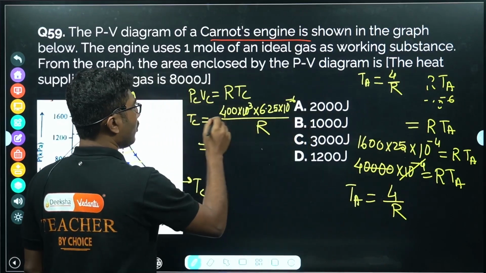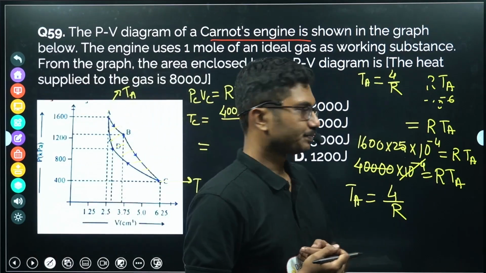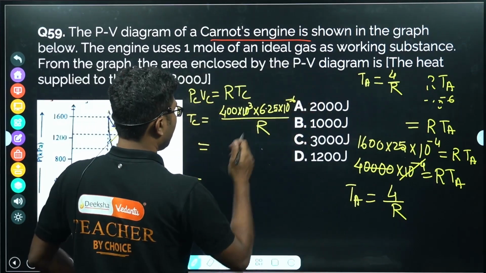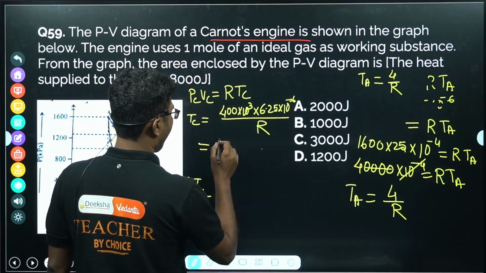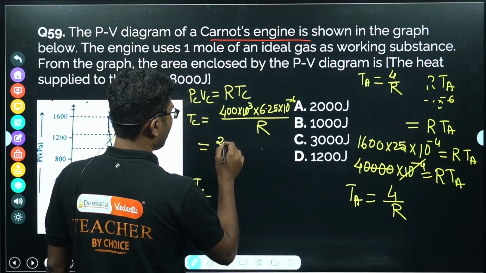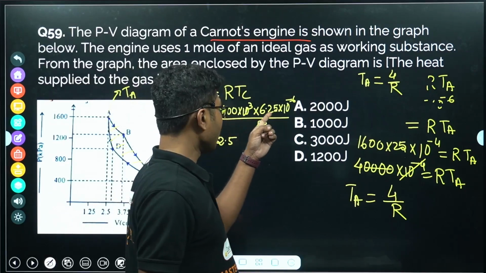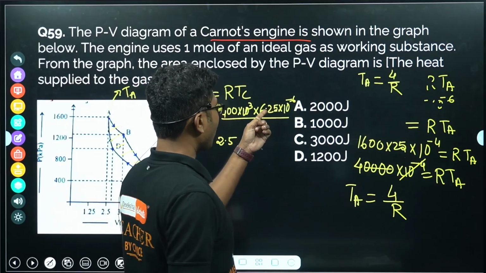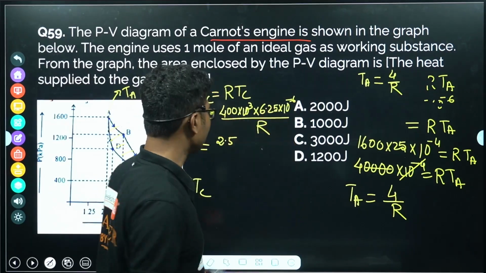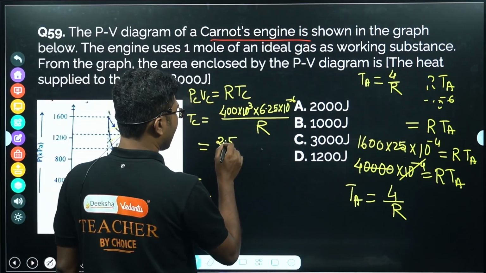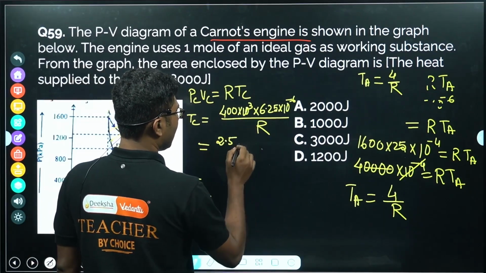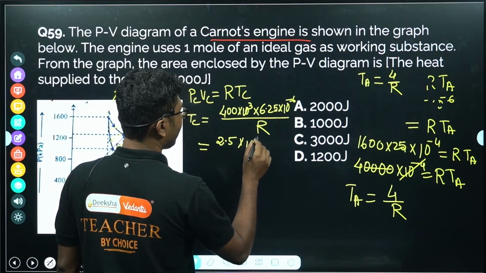TA is 4 by R and TC is 4 into 6.25, which is 25, right. 4 sixes are 24, and 0.25 means 25. I am writing it as 2.5 so that we can cancel all the 10 to the power values.